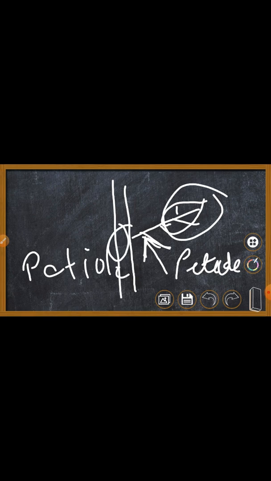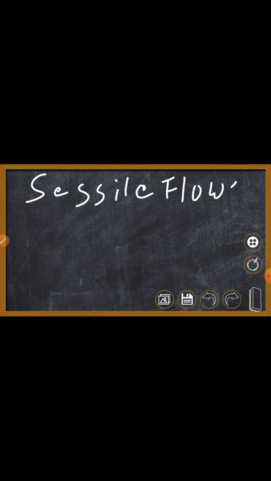Now we move on to the next concept, which is that of sessile flowers. Now what are sessile flowers? So if this is the stem, certain plants don't have petiole. The leaf directly grows from the stem itself.